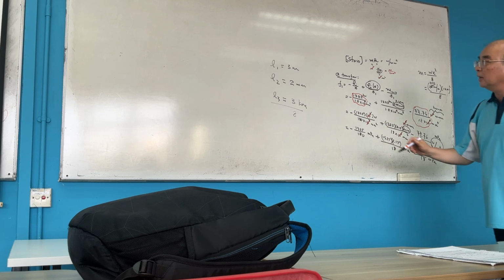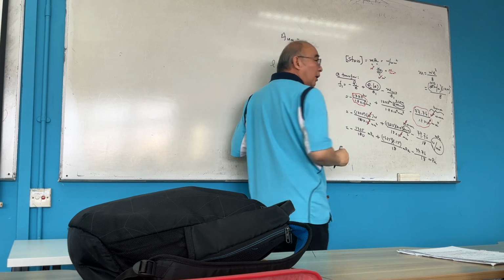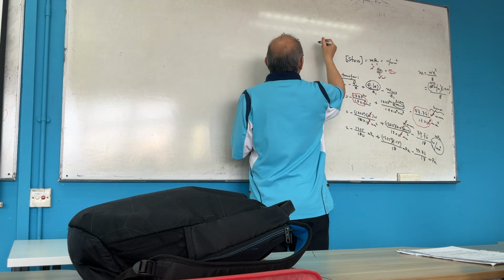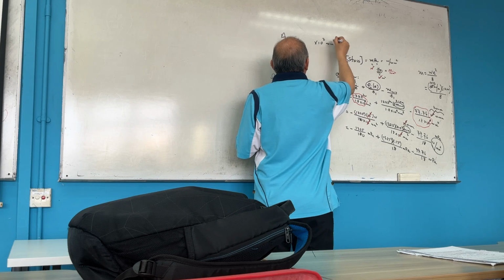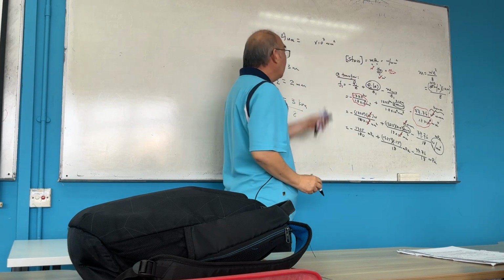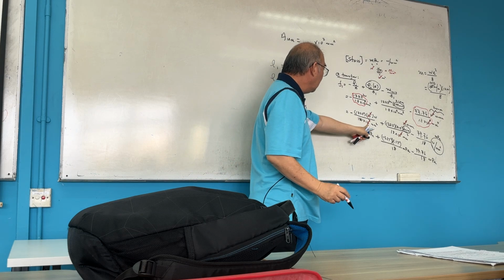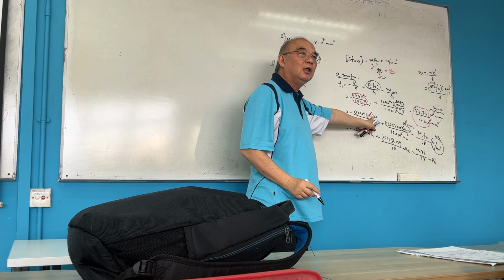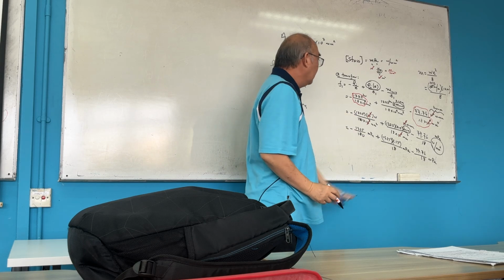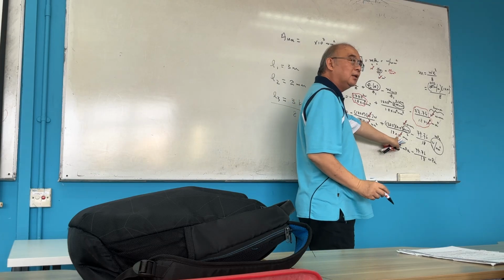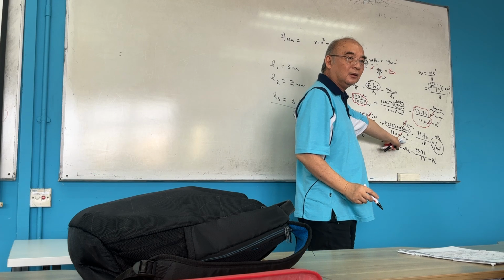So I would suggest that your area, whatever you calculate, you should express it in 10 to the 3 millimeter square. Why? Because if I put it in 10 to the 3, then I can cancel out the kilo. You understand what I'm saying? Okay? Same thing, this one, you put it into the 10 to the 6.